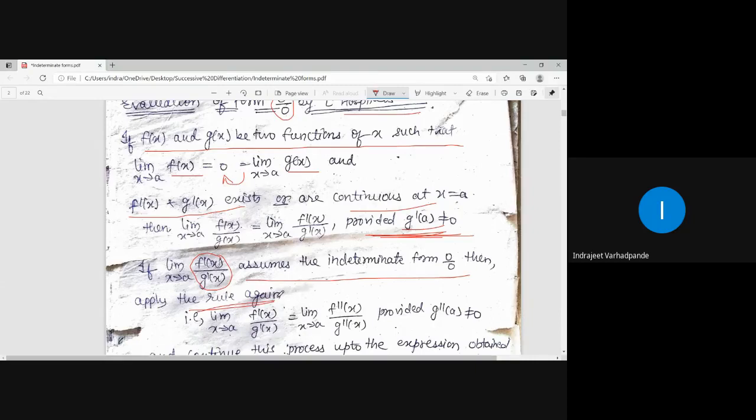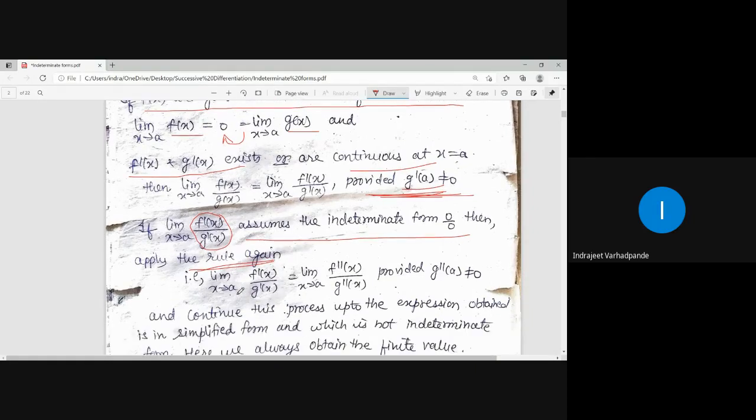What does that rule say? Limit x tends to a of f dash of x upon g dash of x is to be differentiated again. So the derivative of f dash of x will be f double dash of x, and the derivative of g dash of x will be g double dash of x, provided this denominator is not equal to 0. After substituting the limit, in place of x I will put a, that means it will be g double dash of a.